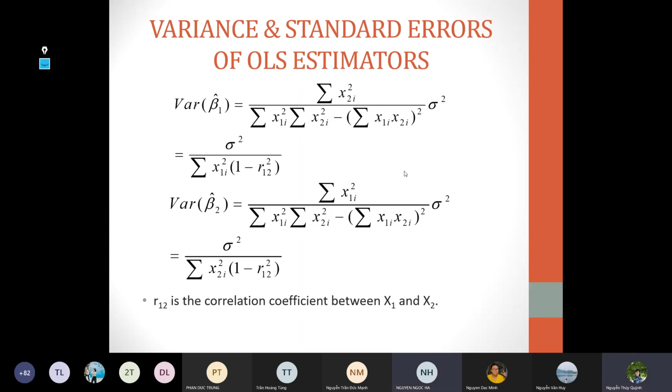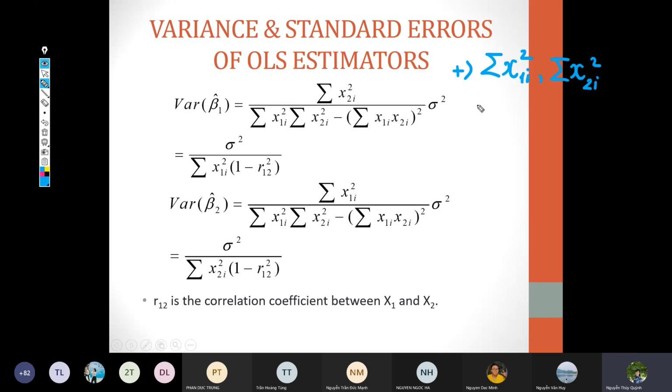The range of observed values. So we have the first factor here: the variation in the values of the independent variables, the sum of all small x1 squared and the sum of all small x2 squared.